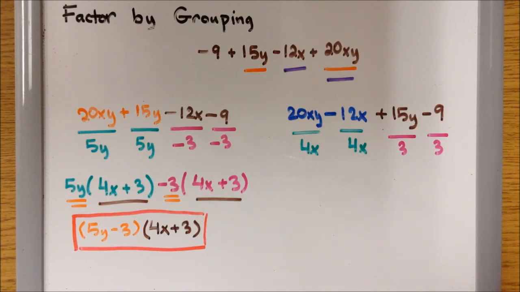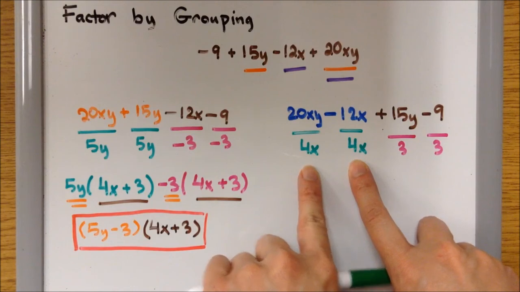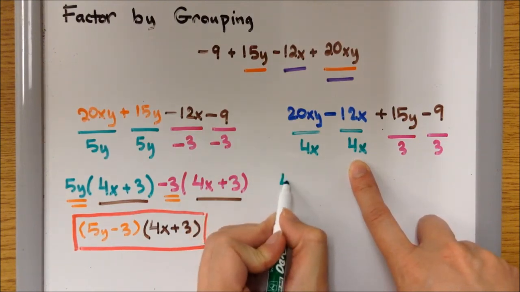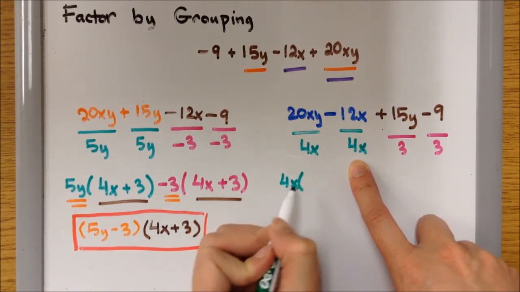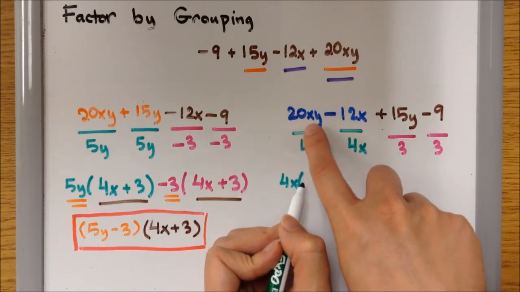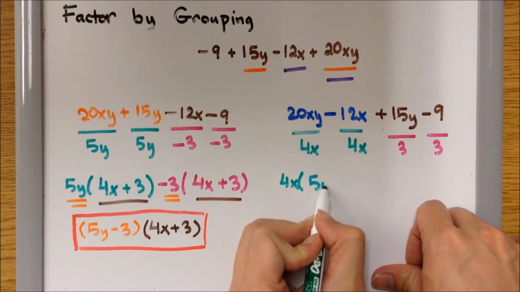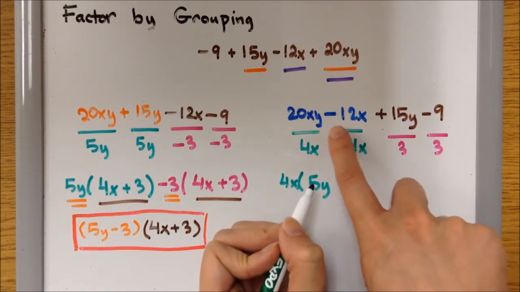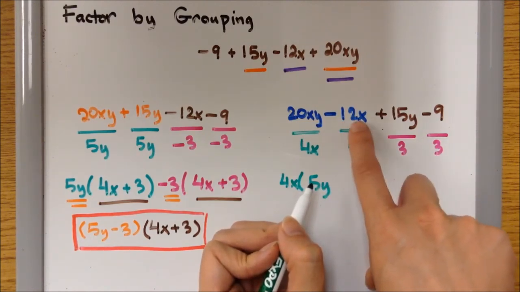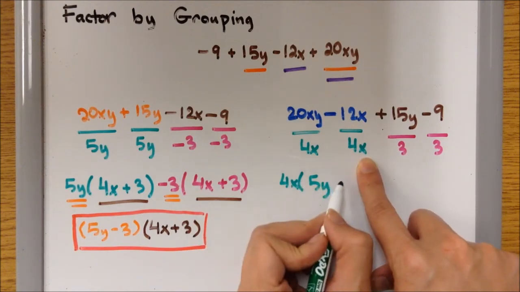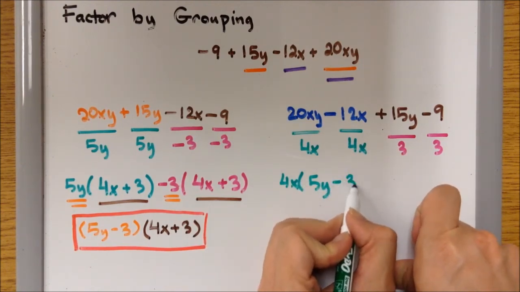Now continuing on the left side, our greatest common factor is 4x, so it's going to be outside of parenthesis, 4x, open parenthesis, 20xy divided by 4x will simply become 5y. So negative 12x divided by positive 4x will become minus 3.